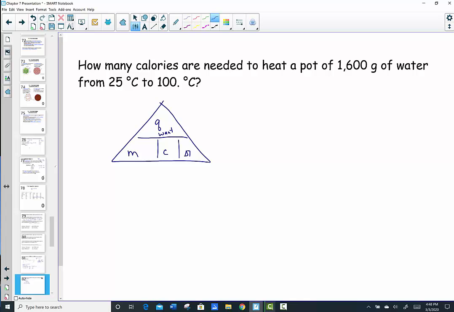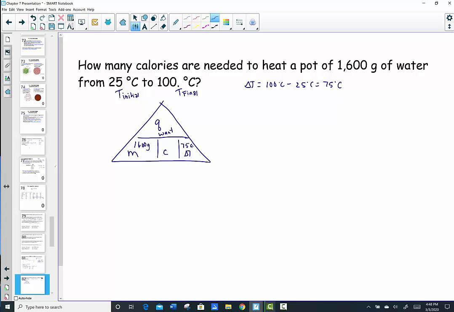That's the one I'm going to cover up. I have 1,600 grams of water, and my temperature change will be the difference from initial to final. So delta T is 100 minus 25, which is 75 degrees Celsius.